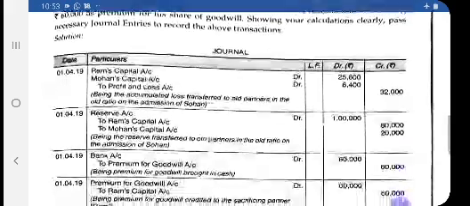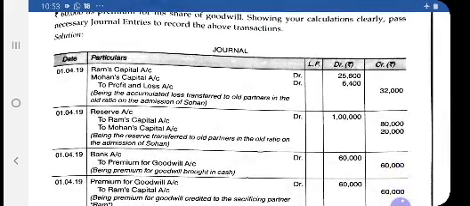And regarding reserves, reserve is debited and credited to old partners' capital accounts in their old ratio. Ram's capital account is credited with 80,000 and Mohan's capital account is credited with 20,000. So these are the first two entries that we have already discussed, what we will do when these items appear on the date of admission of a new partner.